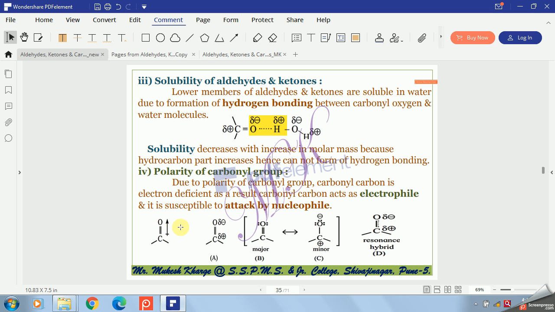So that bond is polar in nature, and that carbonyl carbon becomes delta positively charged, means it is electron deficient. Oxygen becomes electron rich, so that carbon acts as an electron deficient center, that means electrophile, and hence it is easily attacked by the electron rich reagent, that is a nucleophile.